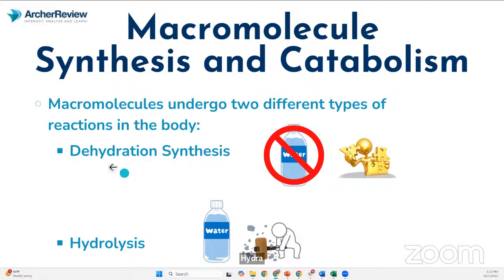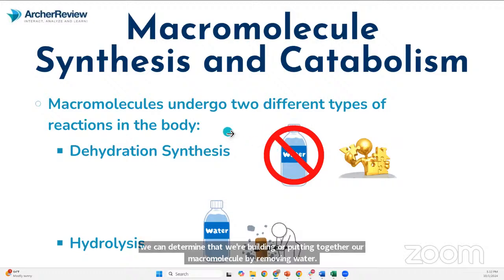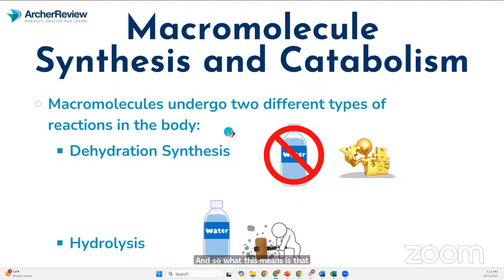So if we use the name of this chemical reaction with our visuals, we can determine that we're building or putting together our macromolecule by removing water. And so what this means is that in order to link our monomers together, we undergo a chemical reaction that removes a water molecule and binds them together. And that's how macromolecules are synthesized.